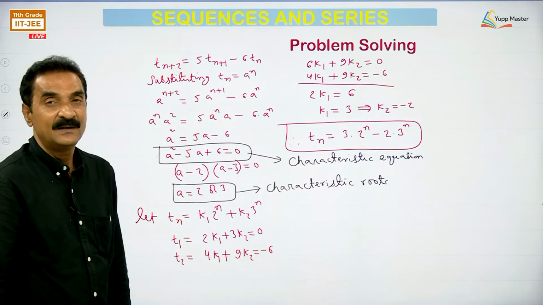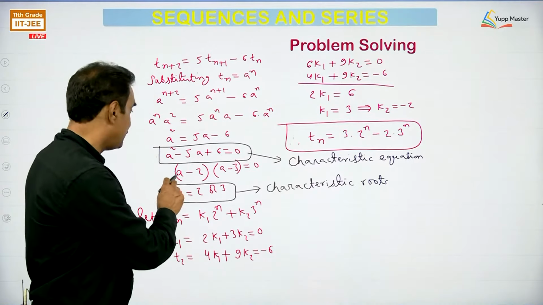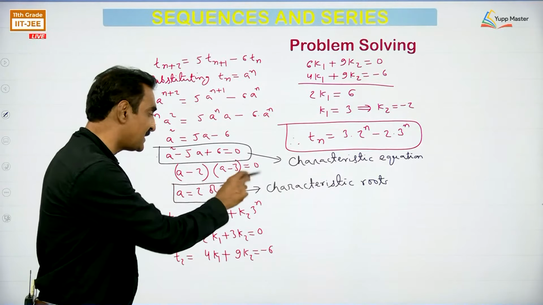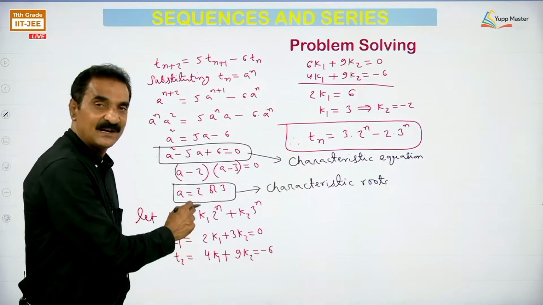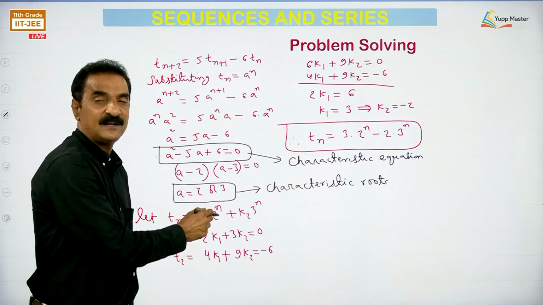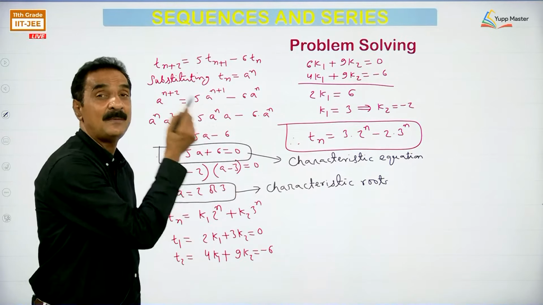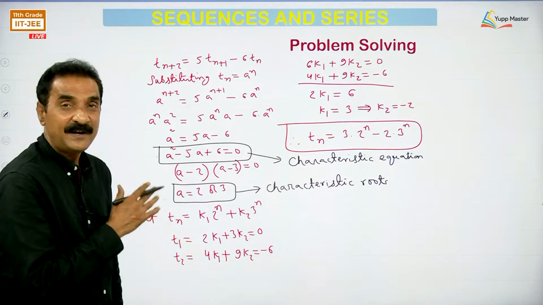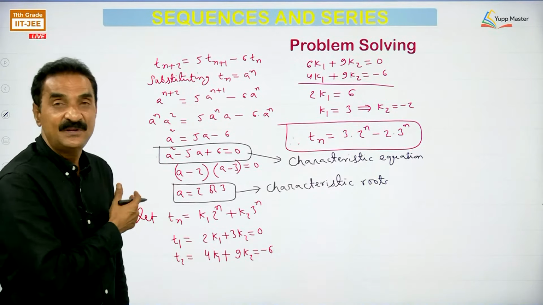Then you will get three characteristic roots. When you get three characteristic roots, say alpha, beta, gamma, we should take the nth term as k1 into alpha power n plus k2 into beta power n plus k3 into gamma power n. For finding the constants k1, k2, k3, we need three consecutive terms.